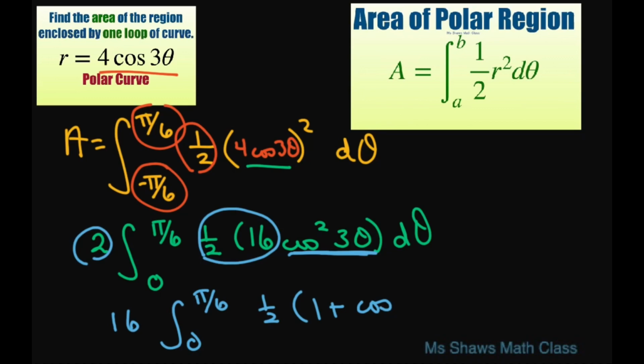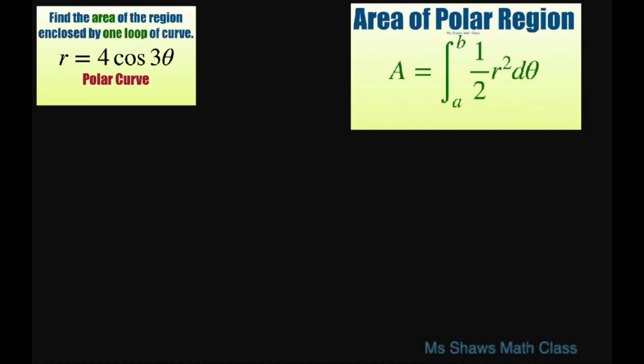Usually it's 2 theta, but since we have a 3, it's going to be 6 theta, d theta. Next step we're going to multiply these two. So that's going to give me 8 times the integral of 0 to pi divided by 6 of 1 plus cosine of 6 theta d theta.